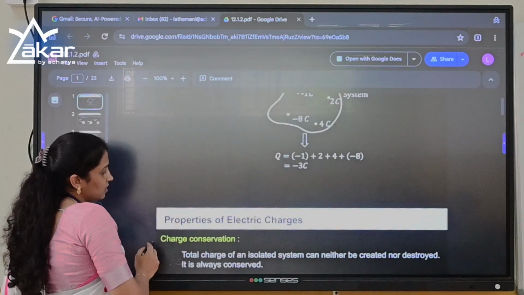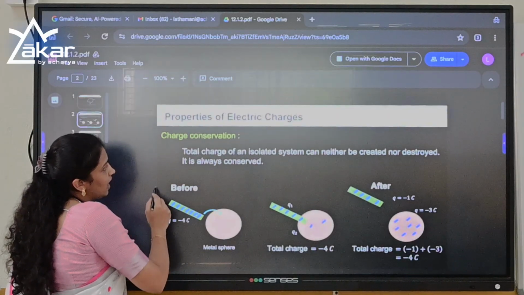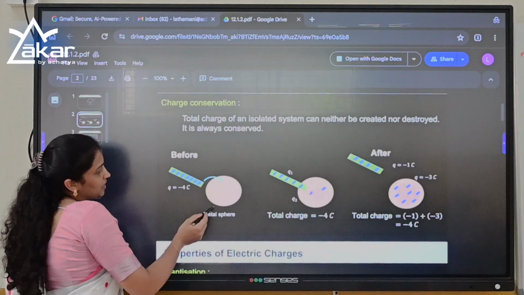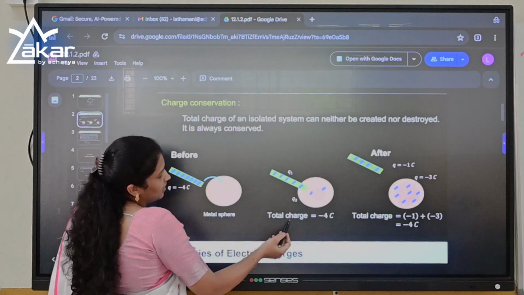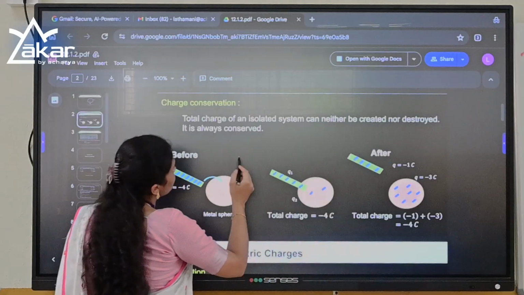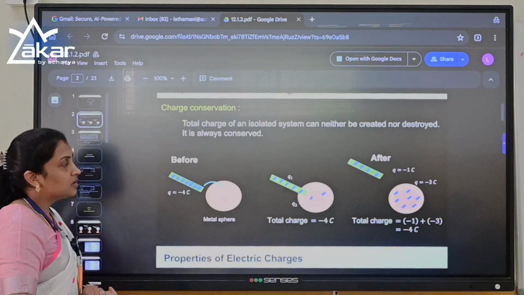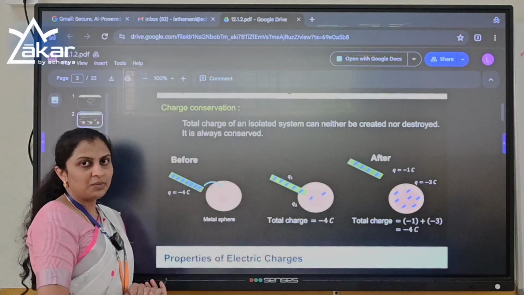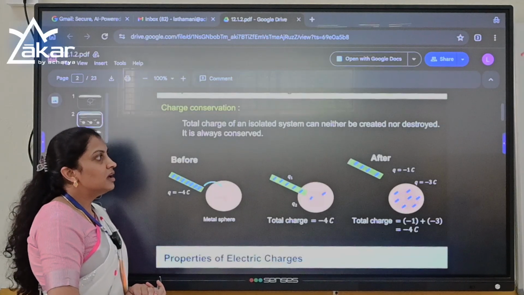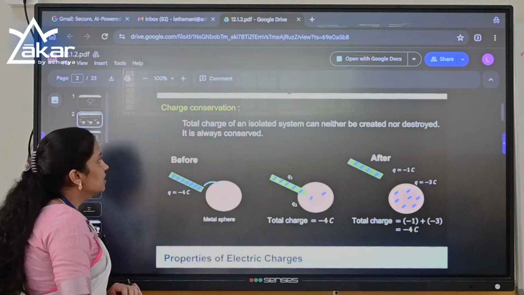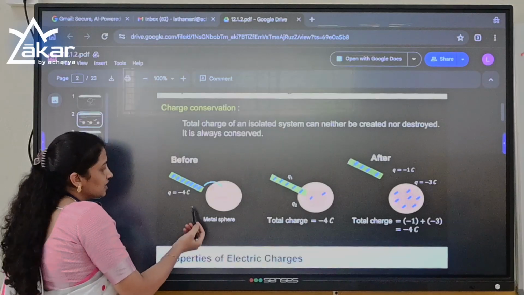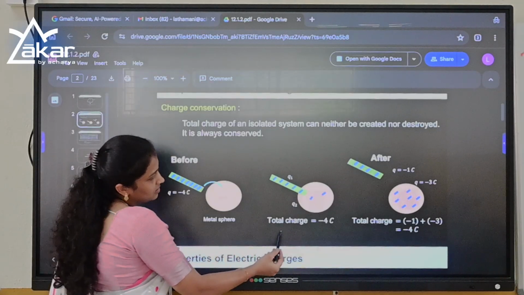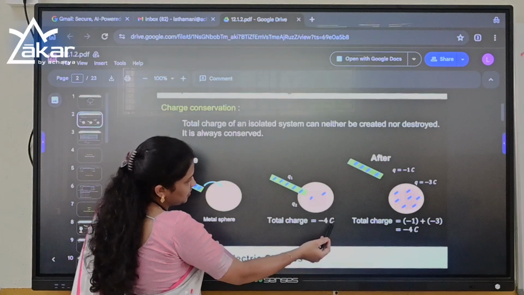Next is charge conservation. You can see in the metal sphere, before and after, the total charge. First, what is the definition of charge conservation? Charge can neither be created nor be destroyed, and it remains constant. It is always conserved. Before it is minus 4C and the total charge is minus 4C.